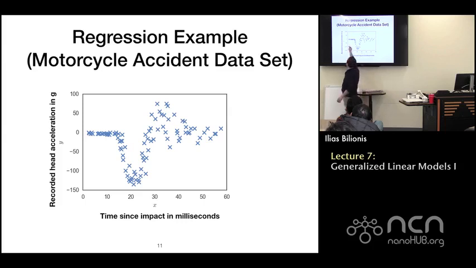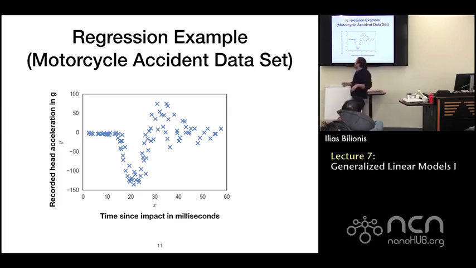Okay, so you see that initially, in the first few milliseconds, you don't have an acceleration on the helmet, but then you hit something and you feel it. Okay? What we want to do in this problem is find a map between X and Y, based on that data set. Now this data set is not a simple data set, because at the beginning there's nothing going on, and then you have something going on.